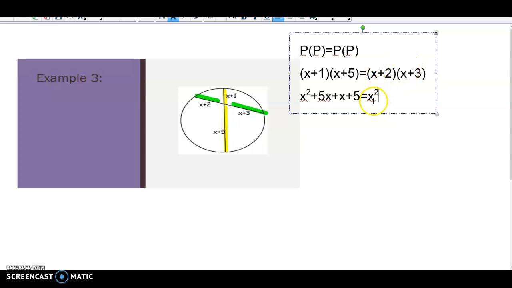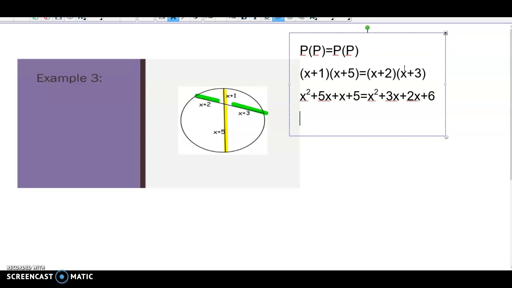So we have x times x, which is x squared, x times 3, which is 3x. And then we have to multiply out the second term. So we have 2 times x, and then we have 2 times 3.